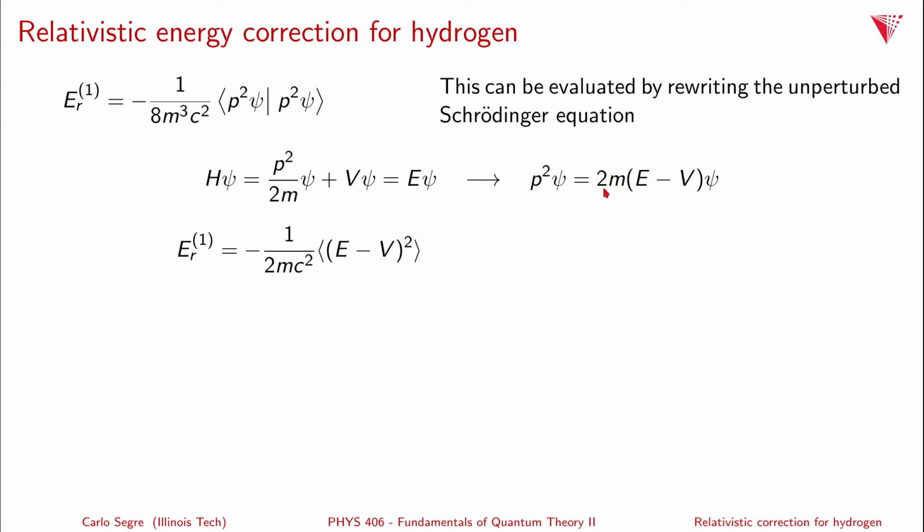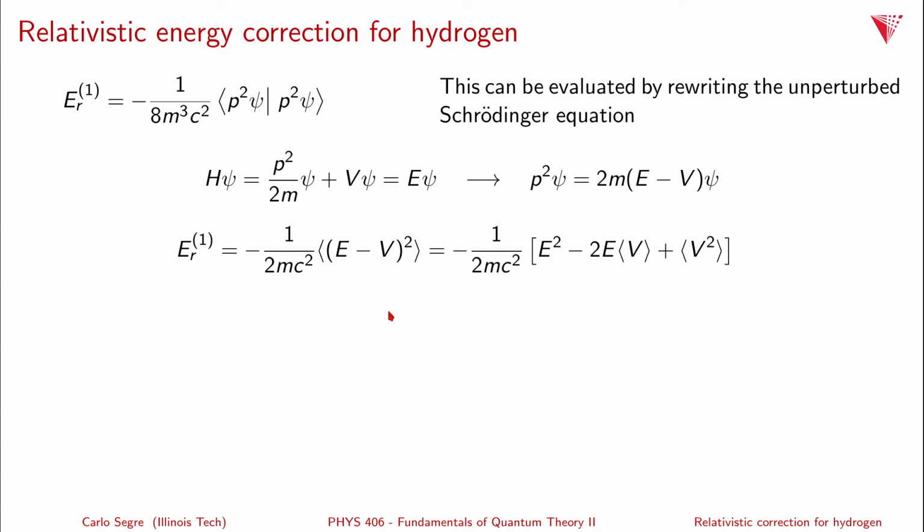And so that becomes 4m squared, which cancels a bit of this 8m cubed to leave us 2mc squared in the bottom. So this expectation value, E minus V, well, E is just a constant, but V is the potential for the hydrogen atom, which we know is the Coulomb potential.